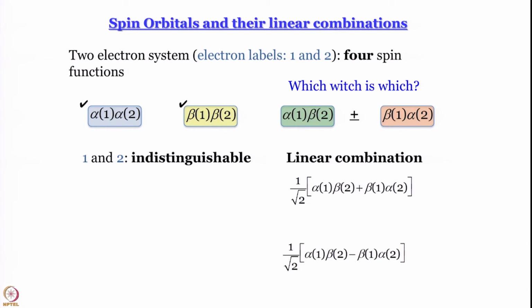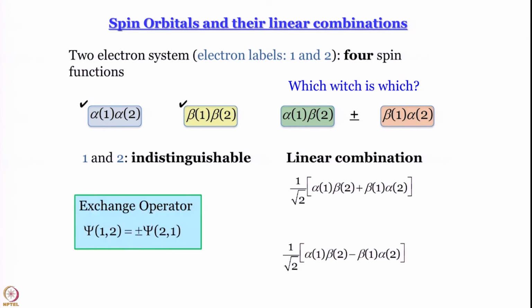Now, to develop the discussion of why these linear combinations are important at all, we will bring in the concept of symmetry. What is the meaning of symmetry? Let us say I have an exchange operator. Exchange operator means an operator by which the labels are interchanged.